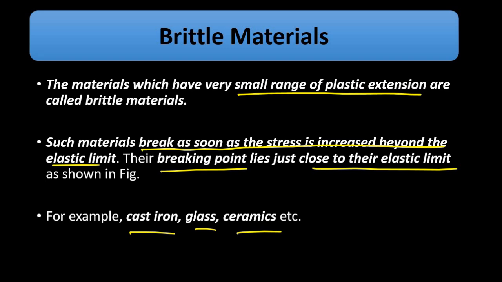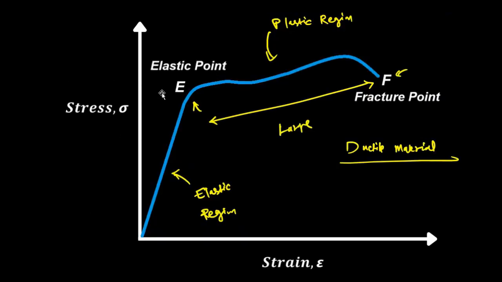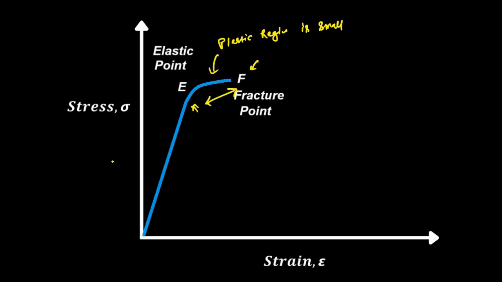Another interesting way to observe this is the area under the stress strain curve. If we mark a dotted line here, this entire region is the area under the stress strain curve. As you can see, the area under the stress strain curve for ductile materials is very large, and here the area is much smaller.